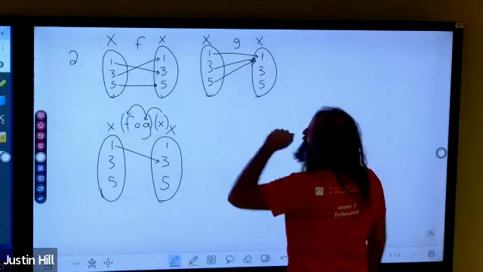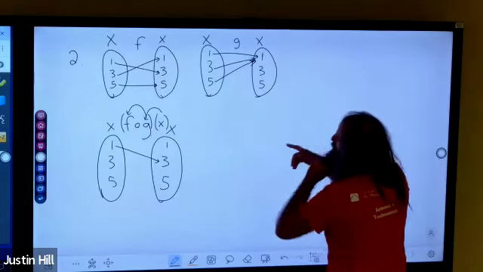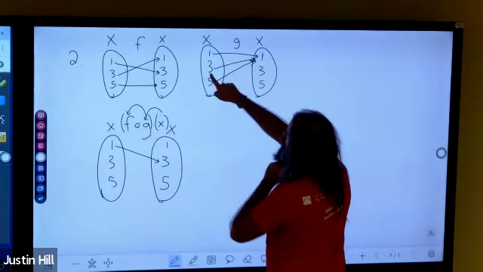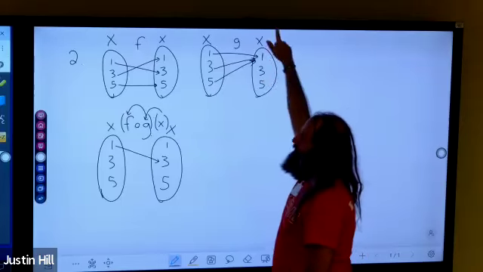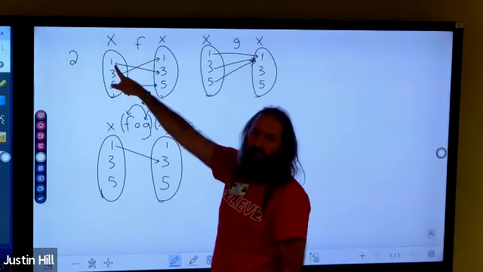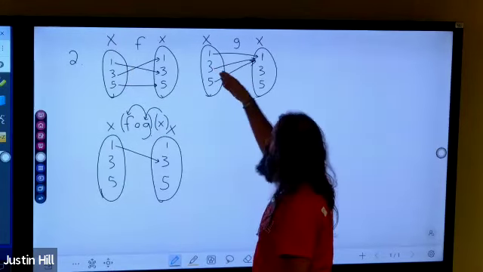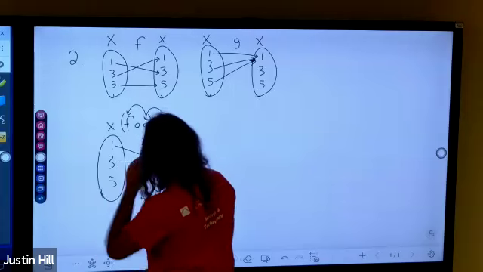Good. Now let's do F compose G of 3. So let's put in a 3. For F compose G, I start with G. So if I put in a 3 here, what do I get out? Good, I get out a 1. And then I put that 1 into F, and what does that give me? That also gives me a 3. So I put in a 3 to begin with, and I get out a 3. So 3 goes to 3.